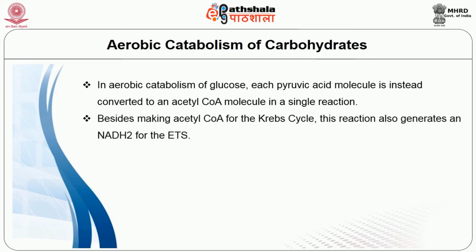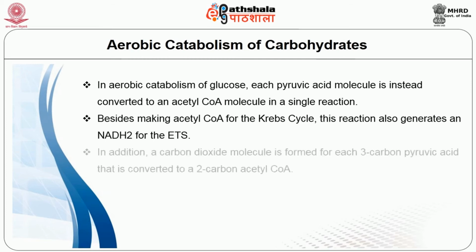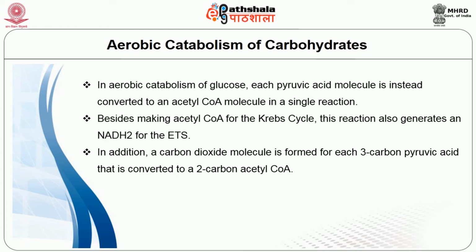This reaction also generates an NADH2 for the ETS, that is, the electron transport system. In addition, a carbon dioxide molecule is formed for each 3-carbon pyruvic acid that is converted to a 2-carbon acetyl-CoA.